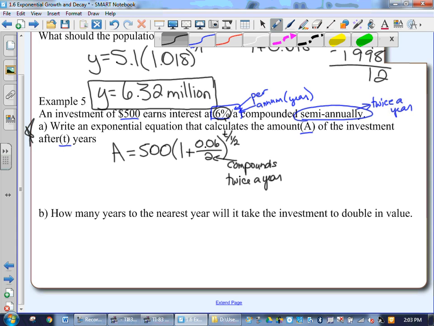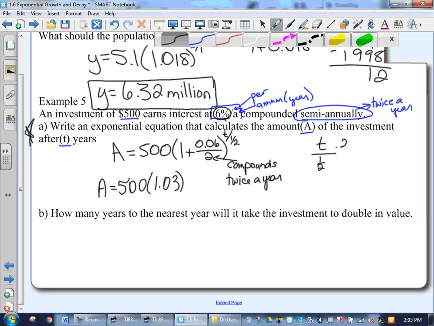Okay. Now I can clean up this formula because it's pretty messy, to A is equal to 500 times 1.03 to the power of, okay, so t divided by 1/2, dividing by 1/2 is like multiplying by 2, so to the power of 2t.